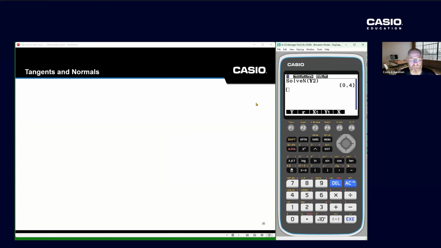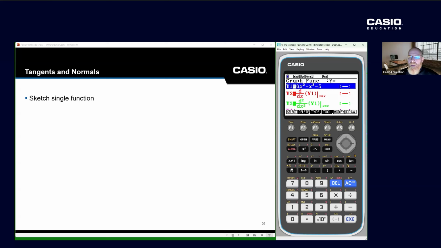Okay. One of the things that is important when dealing with differentiation is that we are interested in tangents and normals. Okay. So I'm going to demonstrate how to deal with those now. Let's have a go at sketching a single function. Ooh, that was definitely the wrong one. There you go.